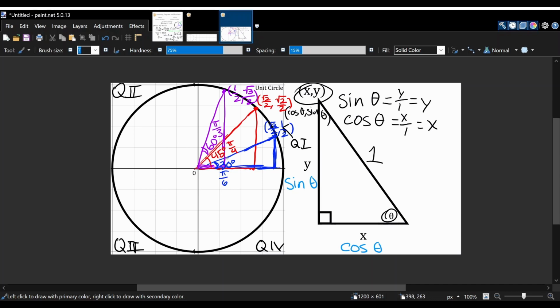So if I take 30 degrees, or pi over 6 radians, I can tell from the point where it intersects with the unit circle that cosine of 30 degrees, or cosine of pi over 6, is equal to square root 3 over 2, because x is cosine of theta, and sine of 30 degrees is equal to 1/2.